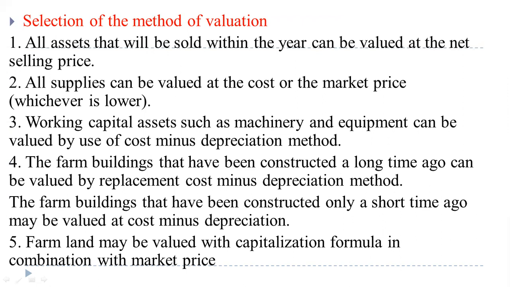See the difference. For farm buildings constructed a long time ago, you have to use replacement cost minus depreciation. And for a farm building just constructed a short time ago, say 6 months before, by which method can you take the valuation? Value at cost minus depreciation.